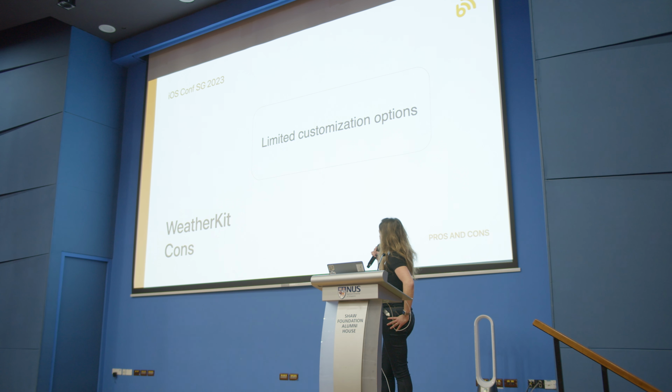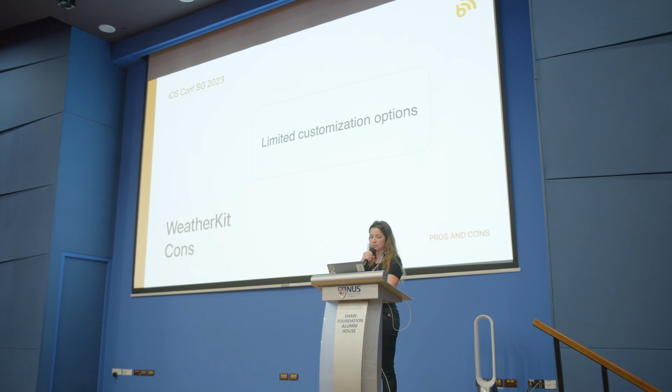So for example, your design team could say, no, it's not precisely the way that we want to display that kind of information. But that's okay. You could convince them that it's so fast, and maybe in a way not easy, but yeah, that's a con regarding customization.